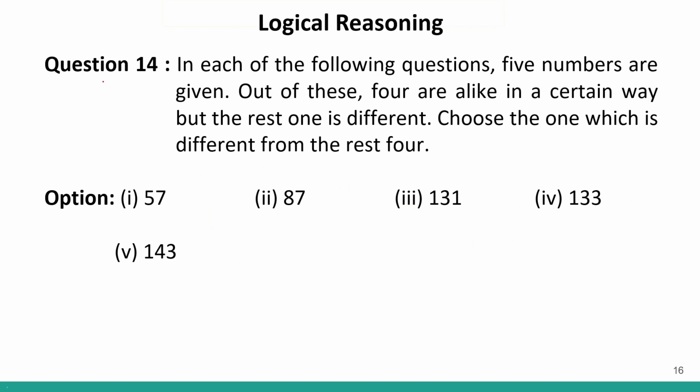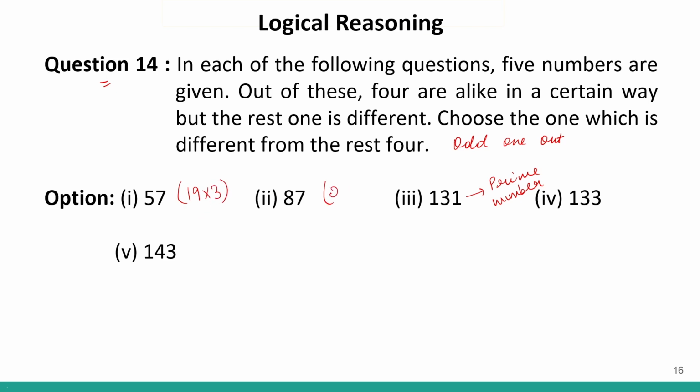Now, question number 14. Again, 5 options are given to us and we have to identify which of them is the odd one out. Now, if I look over here, I can see that 131 is a prime number. Now, if I look at 57, 57 is basically 19 into 3.